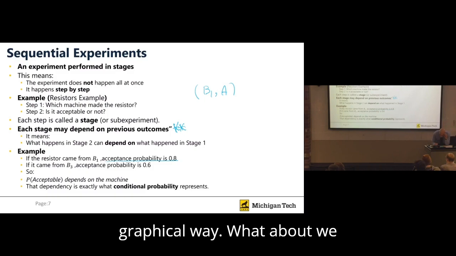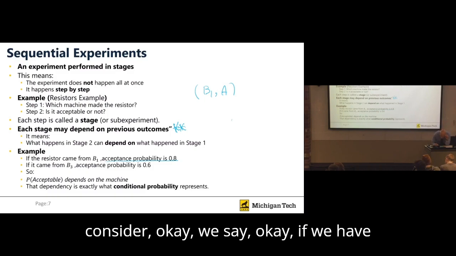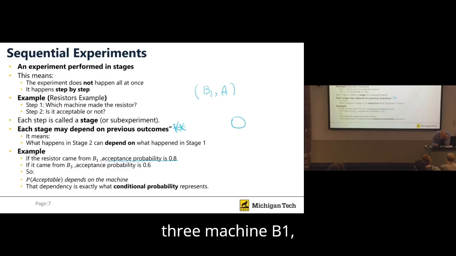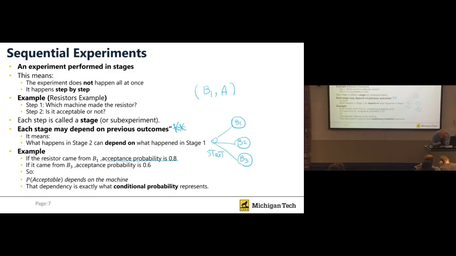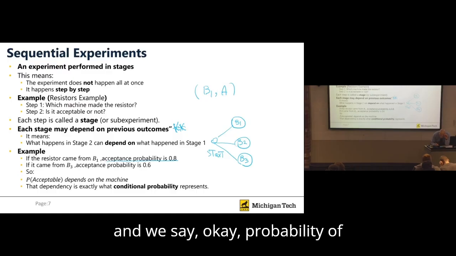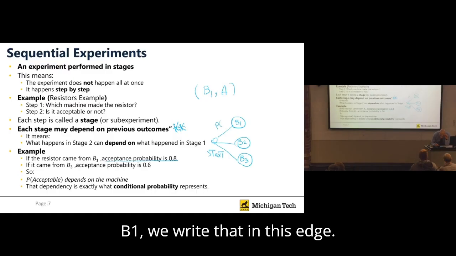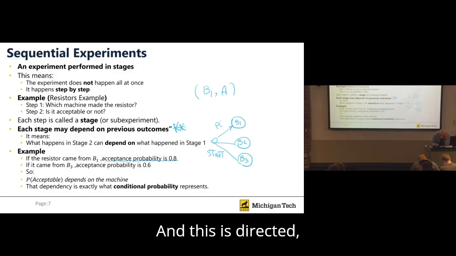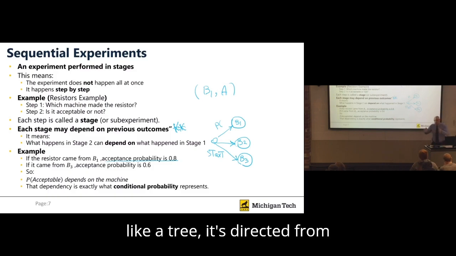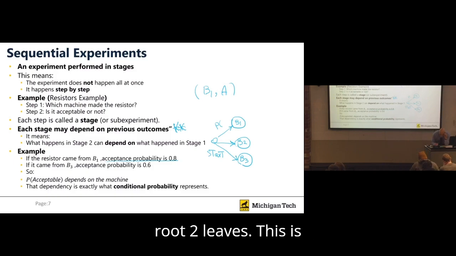Say we have three machines, B1, B2, B3, each like a node, and we come from the start. We write the probability of B1 on this edge, and it is directed like a tree, from root to leaves.